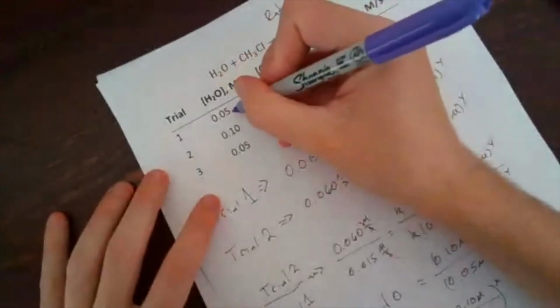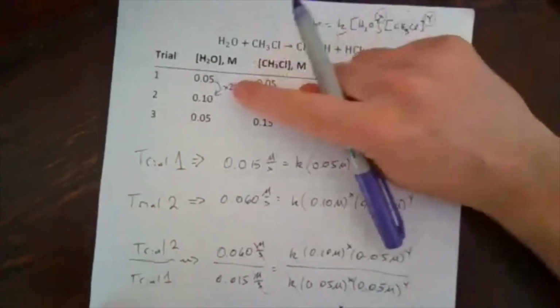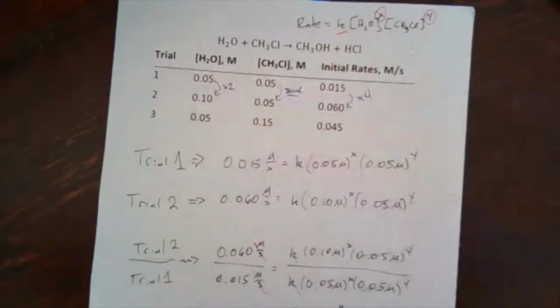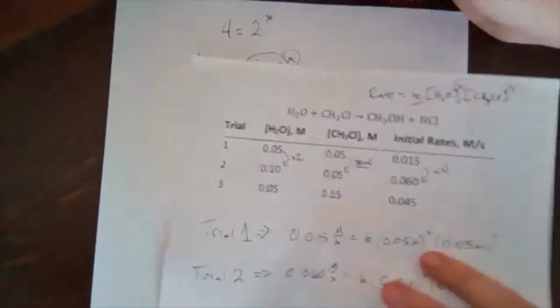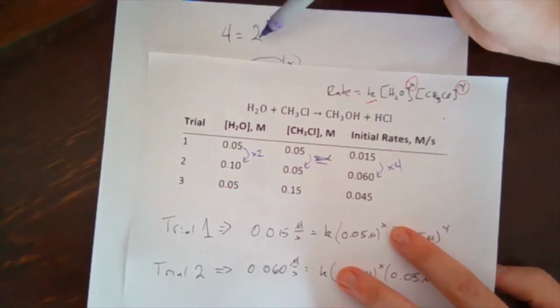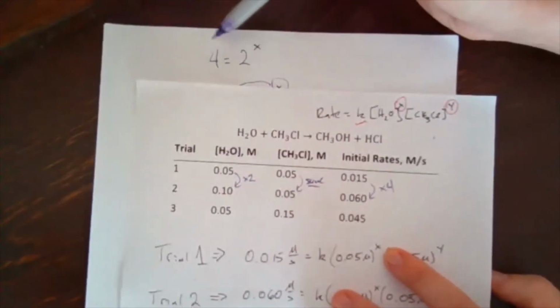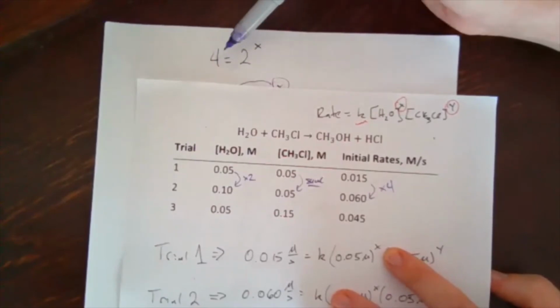Whereas this change right here is times 2. So what we can see is that you doubled the concentration of water, and that caused the rate to quadruple. So you doubled the concentration and you observed a times 4 effect on the rate. So what power gives you that?